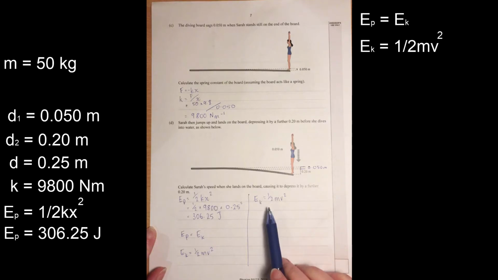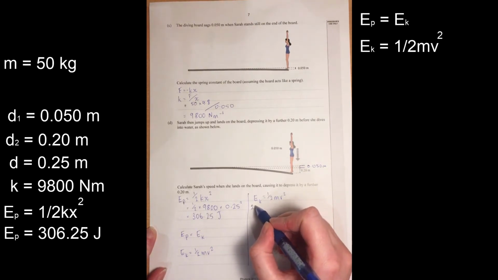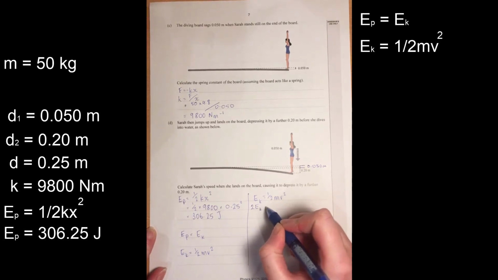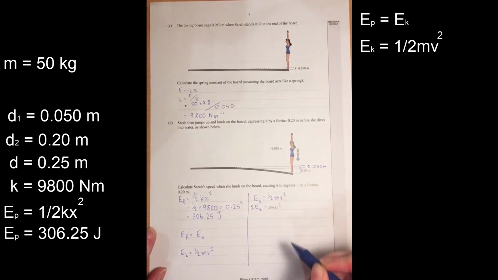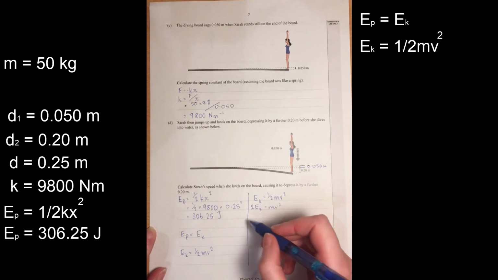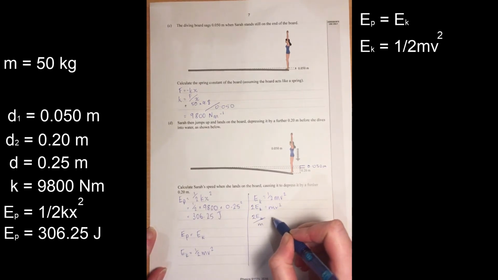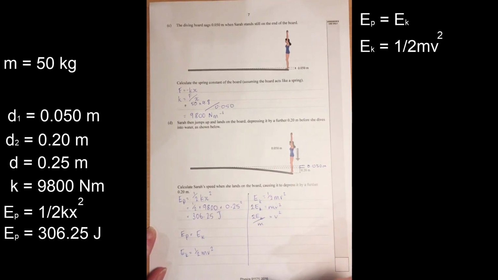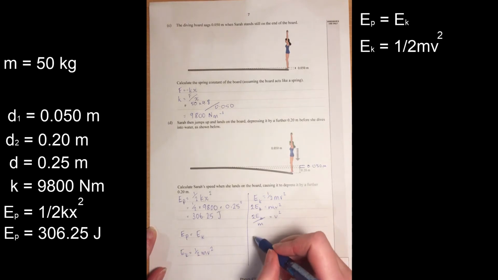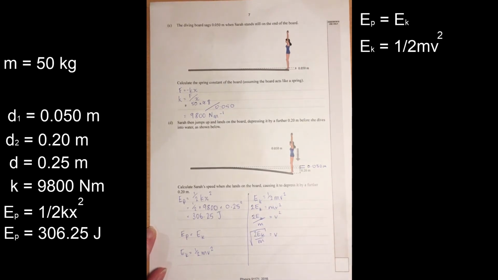Okay, so the easiest one to get rid of first is this half. We're just instead timesing it: 2EK equals mv squared. All right, and then we're going to divide by m to get v squared by itself. So 2EK divided by m is equal to v squared. And then hopefully you can see that our last step is to square root that, and we'll get velocity by itself.